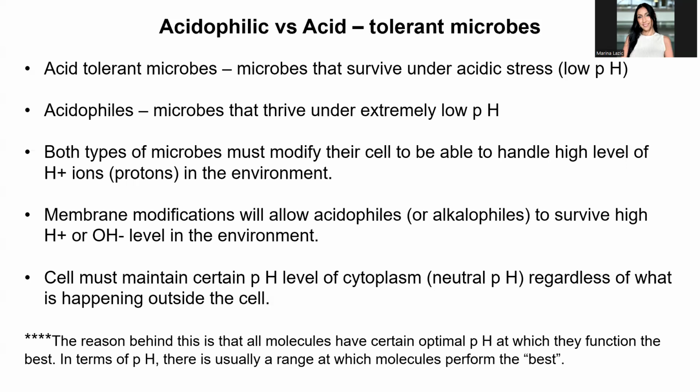So why would that be? The reason why the cell needs to maintain a neutral cytoplasmic environment is because the optimum pH at which all molecules work is neutral. So cells living at low or high pH develop certain membrane adaptations to prevent certain entrances and exits of molecules from outside and inside so they can maintain internal pH.